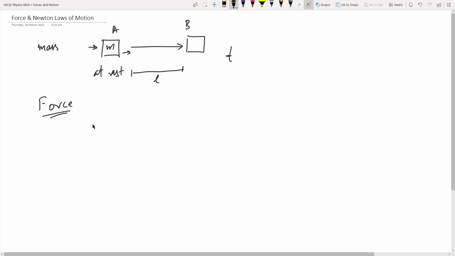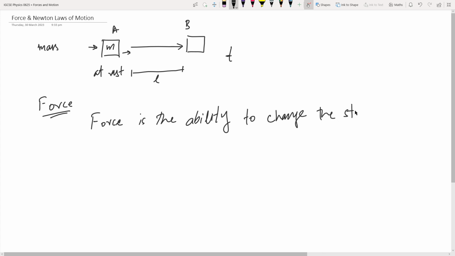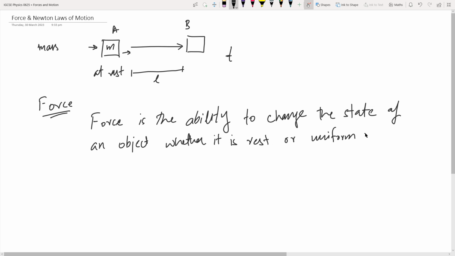So what is force? Force is actually the ability to change the state of an object, whether it is at rest or in uniform motion, right?